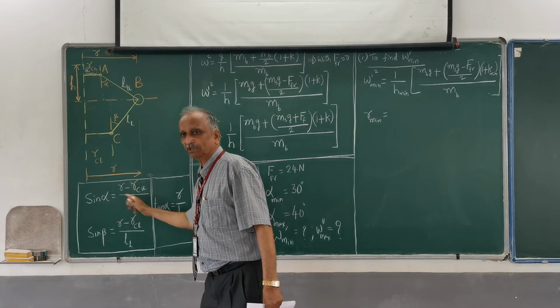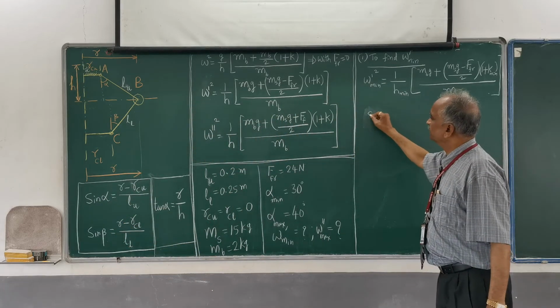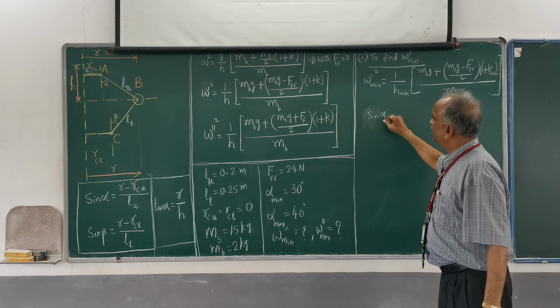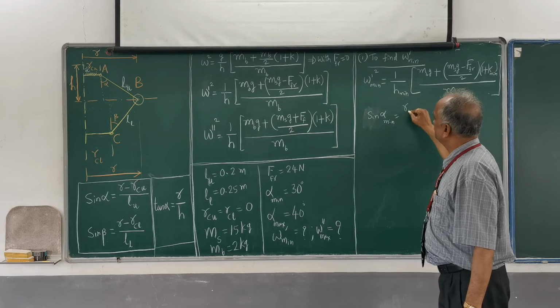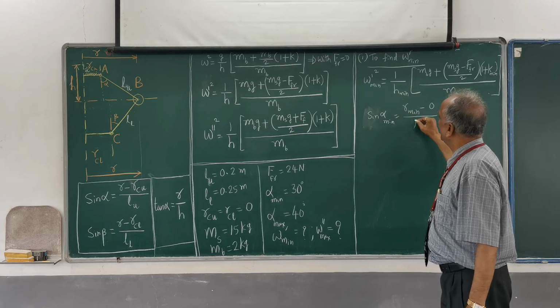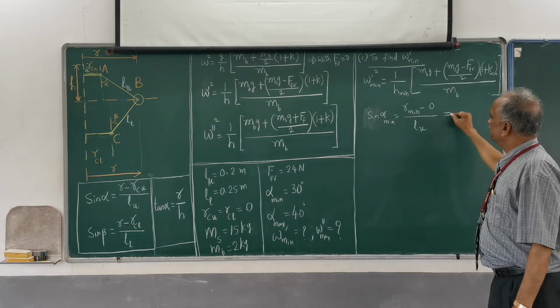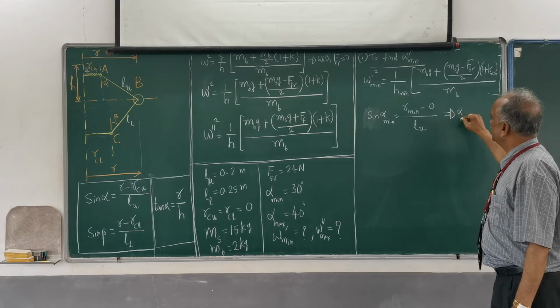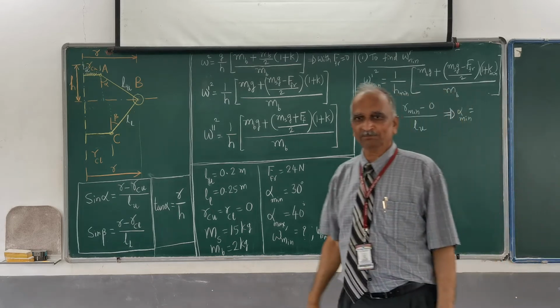So R minimum can be found from this: sin alpha minimum is equal to R minimum minus RCu, which is 0, divided by Lu.